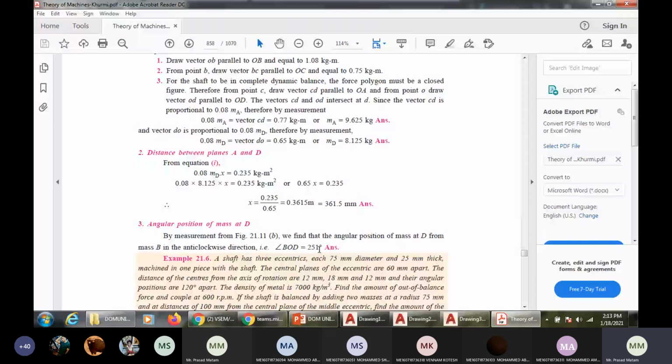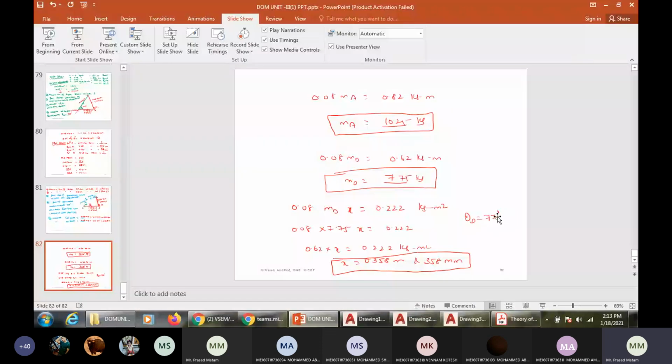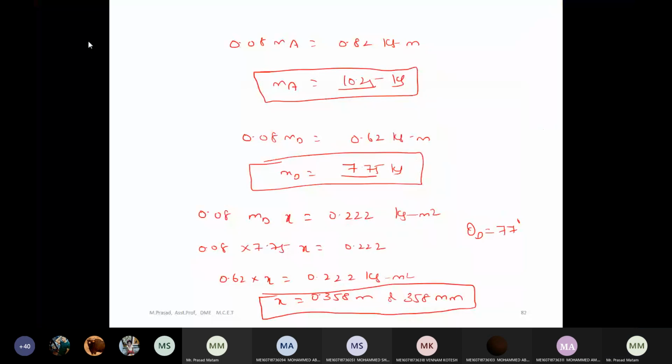So in this, here they got 251. Almost close values I got. Okay. 10.25, 7.75, 358 mm, 77 degrees, or it may be 250, 77 plus 180, which equals 257 degrees. Like that you will get accurately.